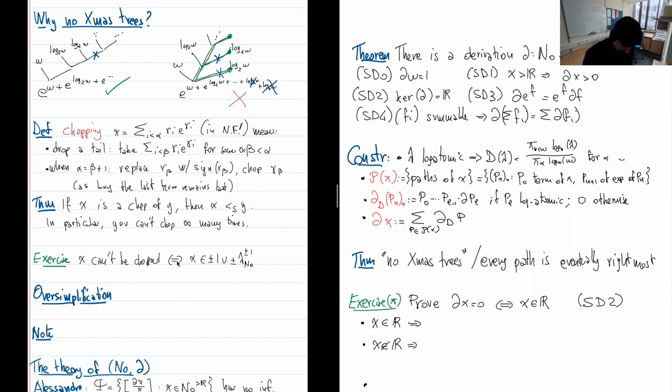So that's why I'm saying it's an oversimplification: you take your family of contributions from the paths of some x, okay? And now if this is not summable, then we can chop x to some y such that the family of the contributions of all the paths of y is not summable.